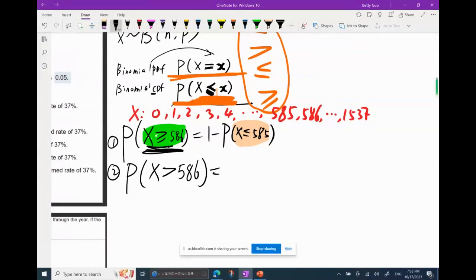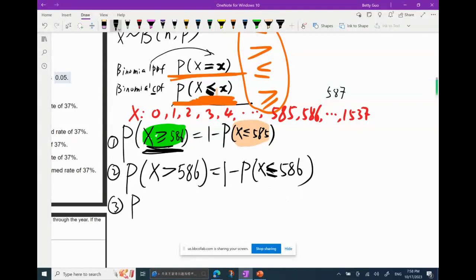Strictly bigger than 586 starts from 587, right? So the complement is going to be x is at most 586. Think about this as more than 586, so the complement would be no more than, which is less than or equal to.